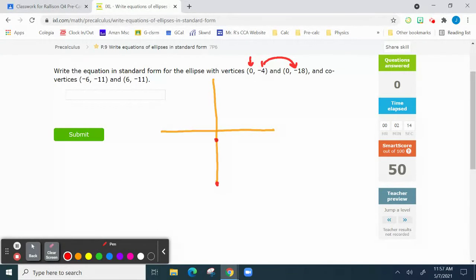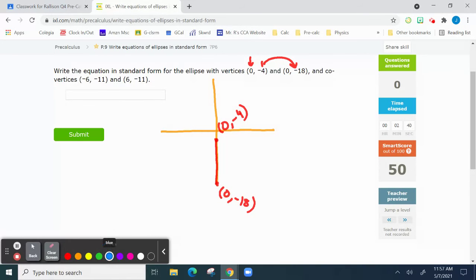Those are the vertices. So I'm going to label them in a place where I'll be able to still see everything. I sure wish they had a less fat pen on this, but I guess I can stop complaining about that, because I've complained about it many times. And the co-vertices, which are on the minor axis. So actually, I'm just going to draw the major axis there too, because I'd like to see that. Okay.